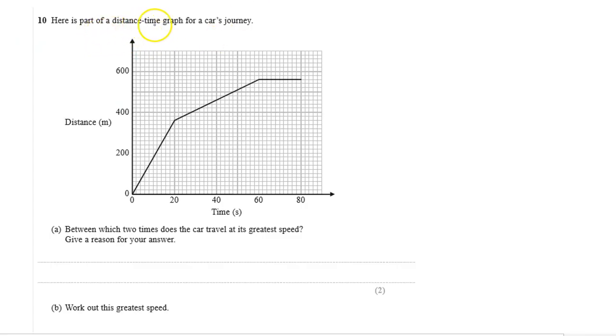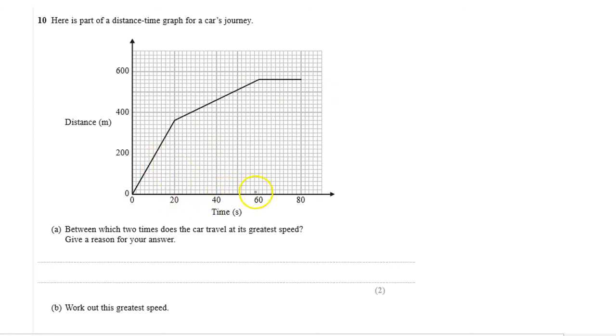Here is a part of a distance time graph. This is distance and this is time. Between which 2 times does the car travel at the greatest speed? So timings are 0 to 20, 20 to 60 and 60 to 80. 60 to 80 is not covering any distance.